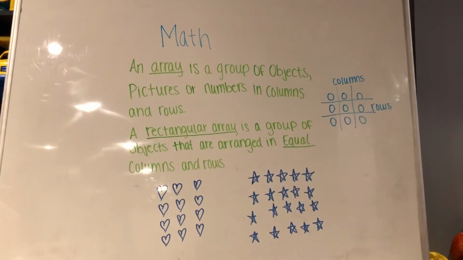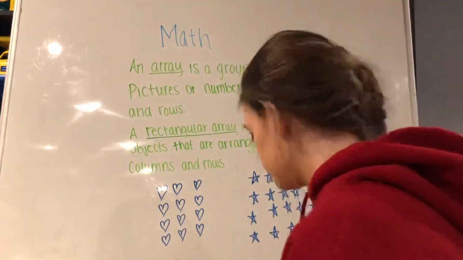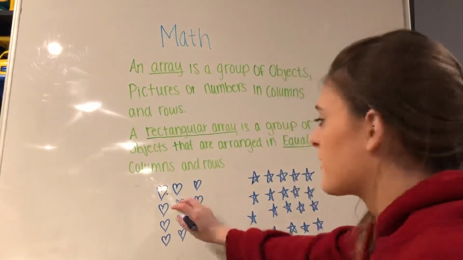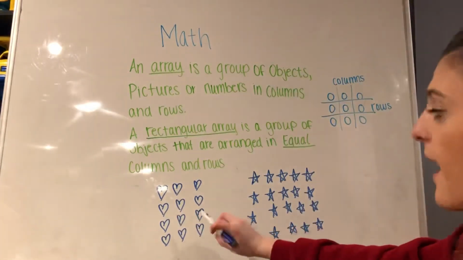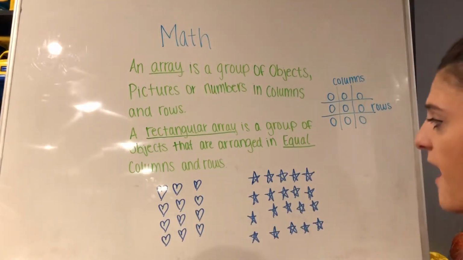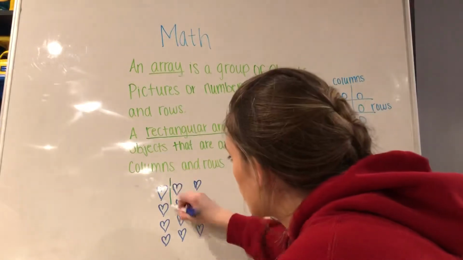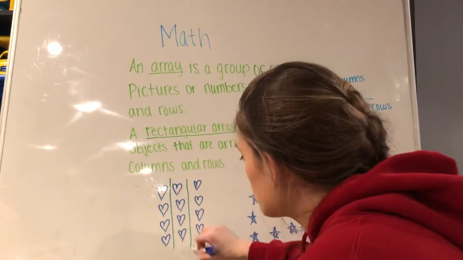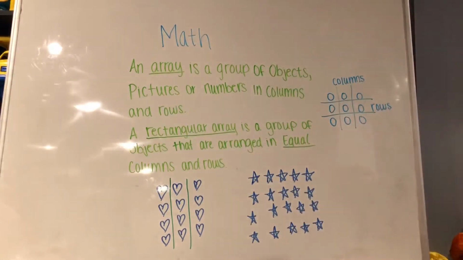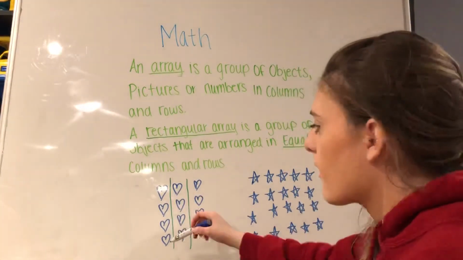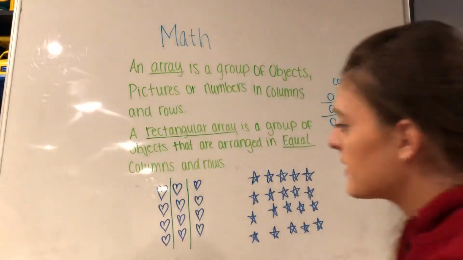All right, let's look over our 2 rectangular arrays together. So in our first rectangular array, we have 1, 2, 3 columns, and we have 1, 2, 3, 4 hearts in each column.